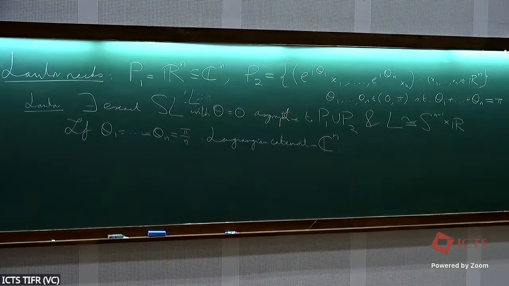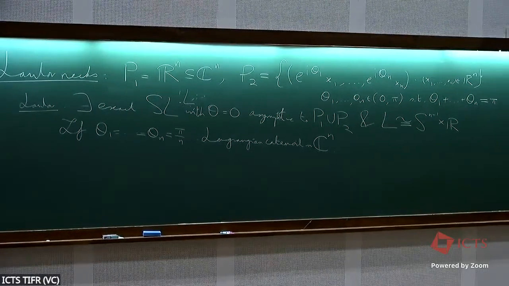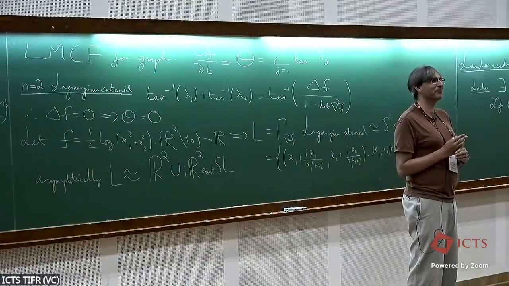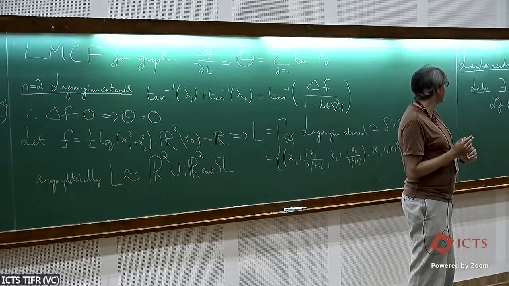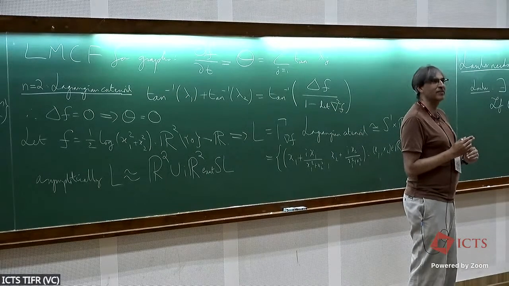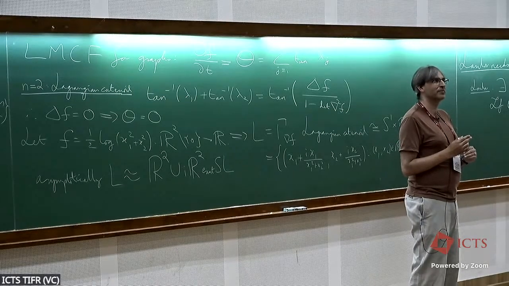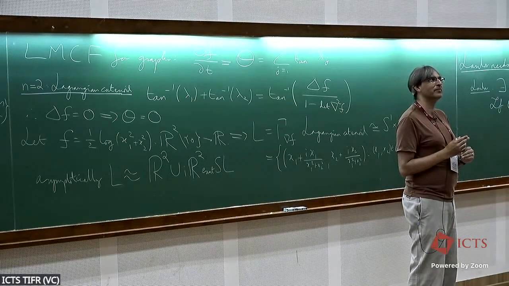A quick question from Rob. Hey, Rob. So in the n equals 2 case, you have the lowest order growth. It's one lower than the Green's function. It's not log.